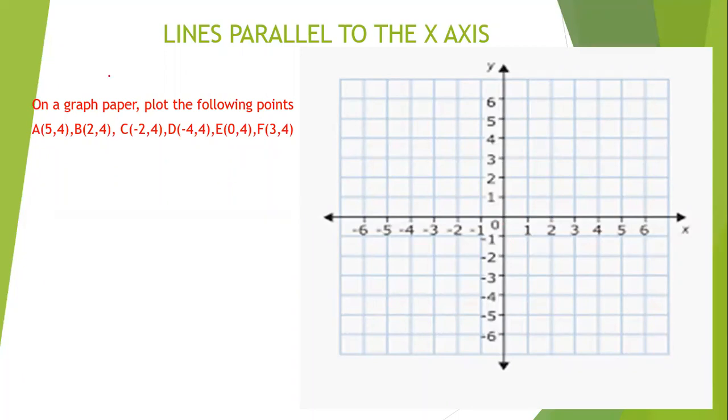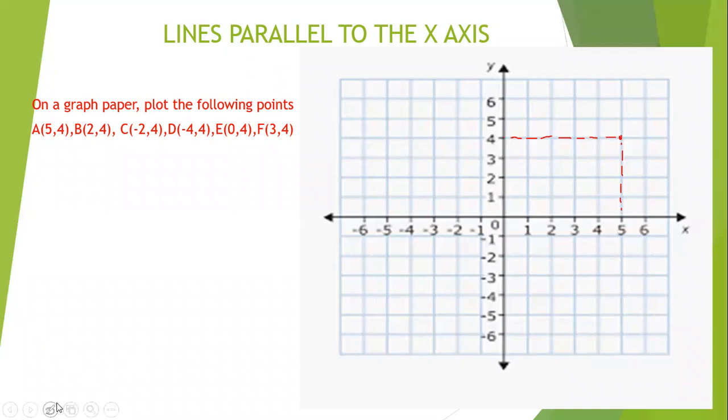The first point is point A and the coordinates given to us are 5, 4. So on the x-axis we have 5 over here and on the y-axis we have 4 over here. So now I am directly plotting that point. It will come over here, right? When we start drawing the line like this, from 5 and then from 4, it will come over here, right?